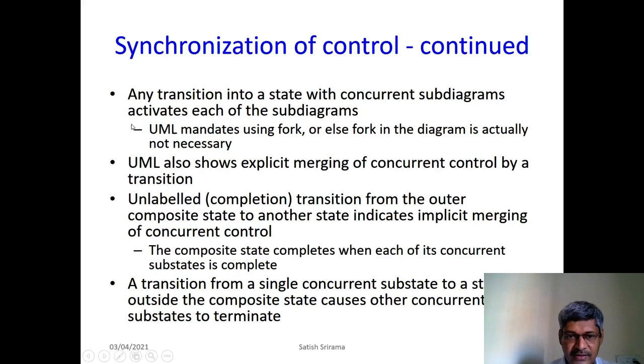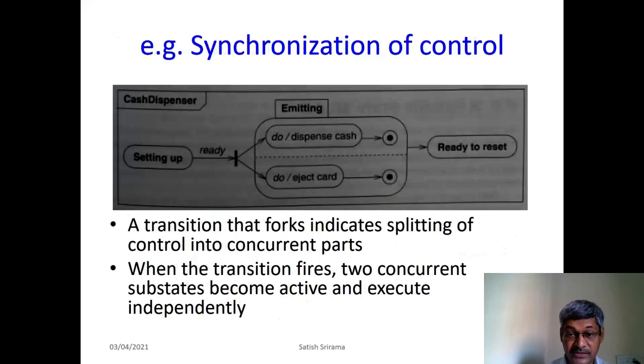See the point. Any transition into a state with this sort of concurrent diagram activates each and every subdiagram. Similarly, any transition going out with any event will terminate everything. That's why UML mandates this fork and merging. If you don't have the fork and a transition is going into this line, by default both of these things will start.